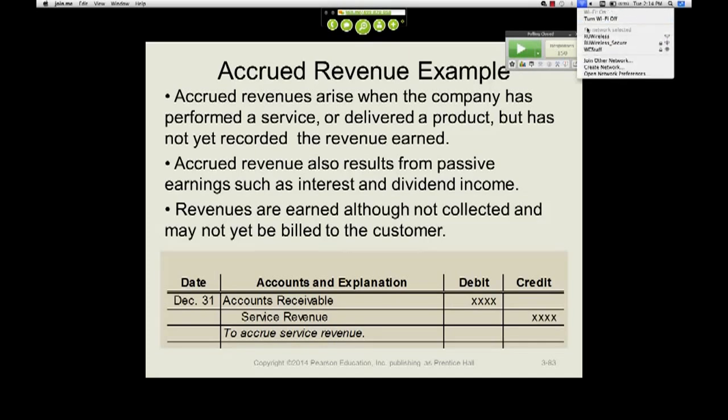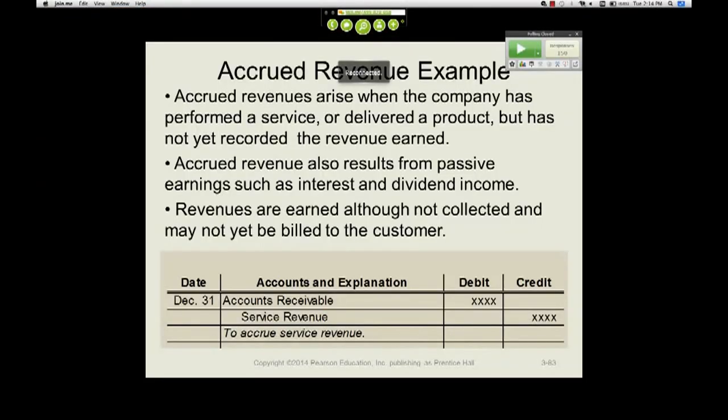So they're earned, they're accrued in the sense that you earned the revenue, you didn't collect them yet, no cash, and they're unrecorded, which means you have to make the adjusting entry.